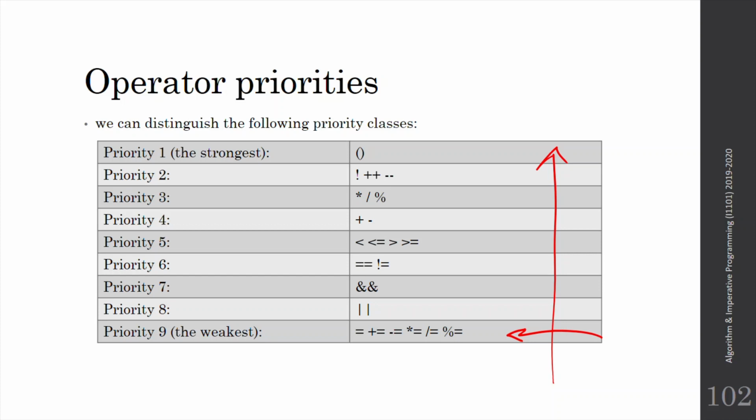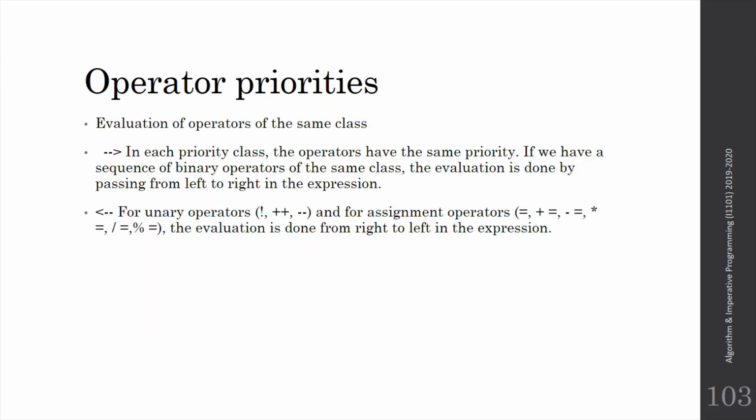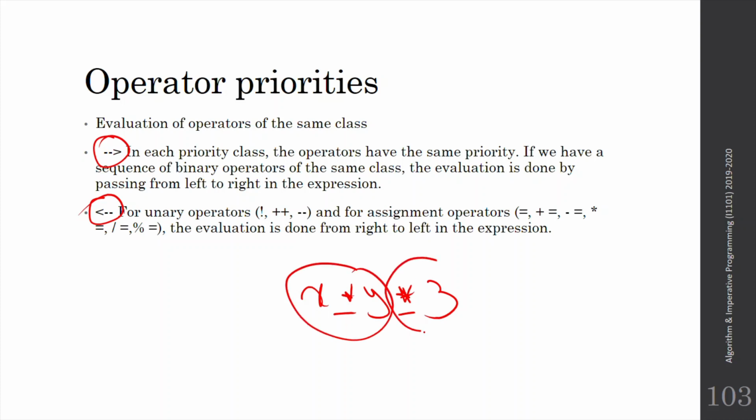In the next slide, there's a rule for the evaluation. We sometimes have these two arrows. If we have, for example, an expression like x multiplied by y multiplied by z, we have two multiplications. So how do we perform the multiplication? Do we first do this one or this one?